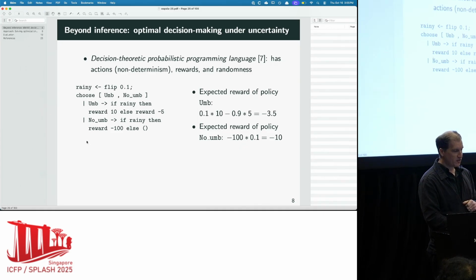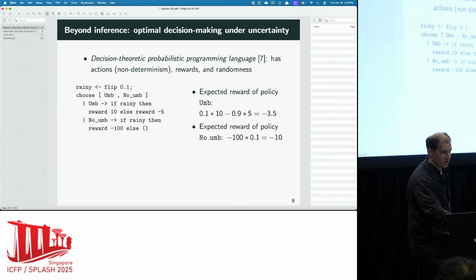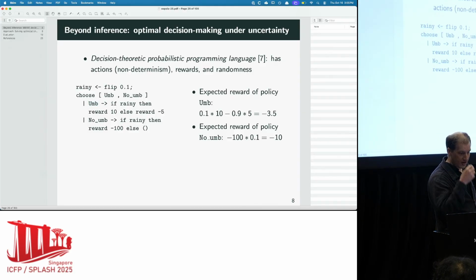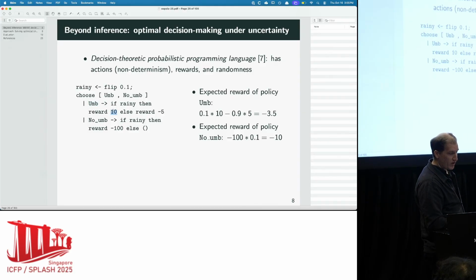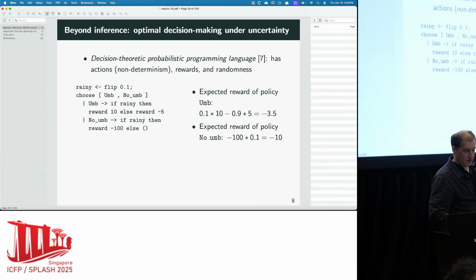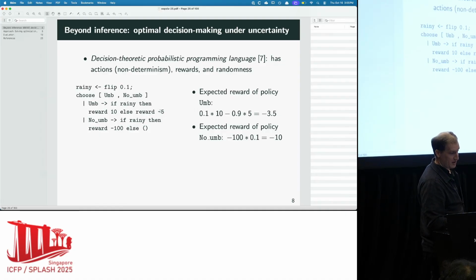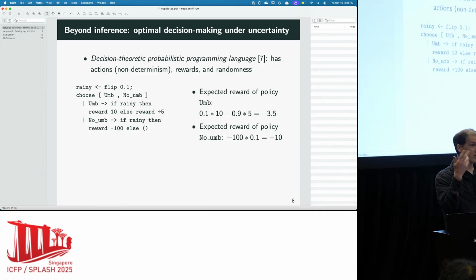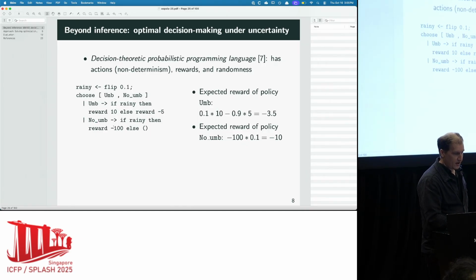And then I have two things that I would do, depending on which action I chose. If I bring the umbrella and it's rainy, then I get a reward of 10. I blocked the rain. If I brought the umbrella and it didn't rain, well then I brought an umbrella for no reason, so there's a minor penalty for carrying the umbrella, I guess. And if I don't bring the umbrella and it rains, then I get wet, and that's very bad, right?